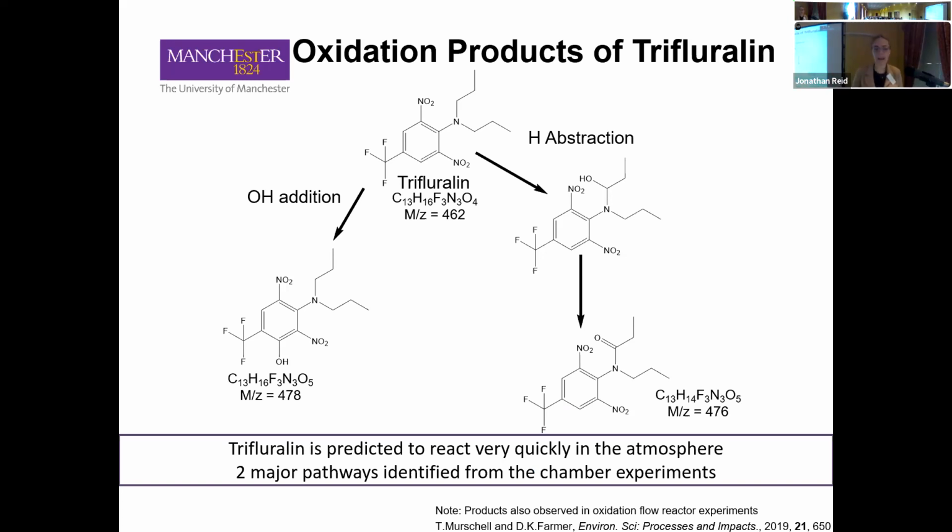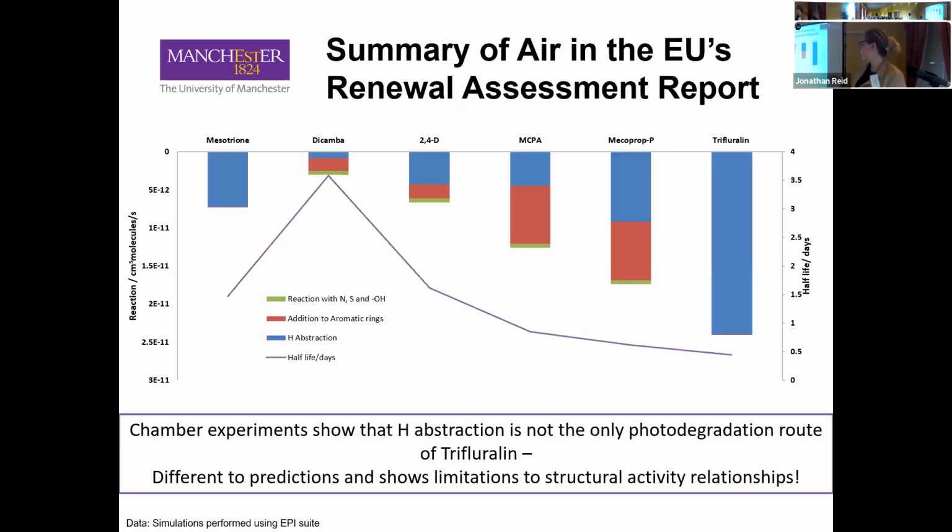I'm now going to compare. The next slide is what the renewal assessment report for trifluralin, when it was banned, said about trifluralin in the air. And they used the EPI Suite that I talked about previously. I've included the rest of the active ingredients that I mentioned before, just for context, but mainly we're looking at trifluralin at the end.